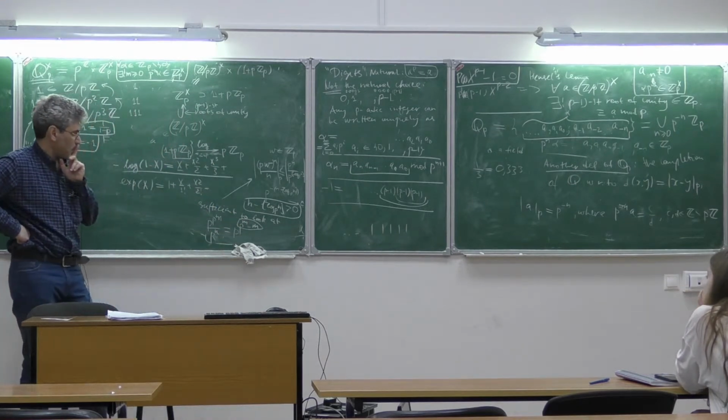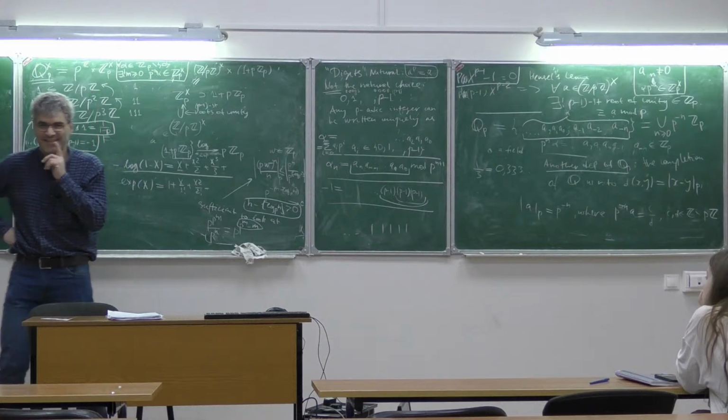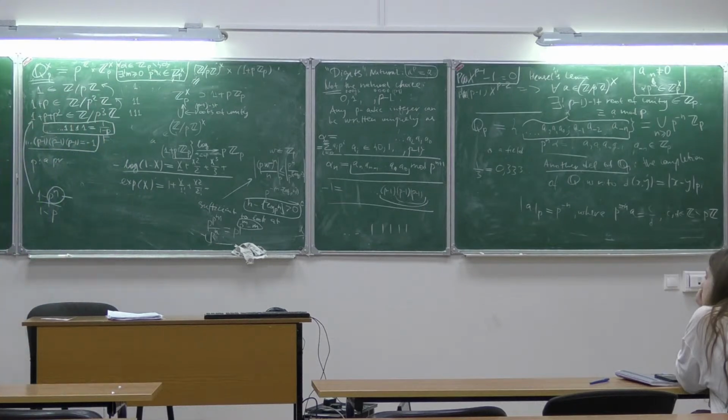Is that true? I can write what I was doing in more detail. No, I think you just check this at 0 and take the derivative to make sure that this grows.